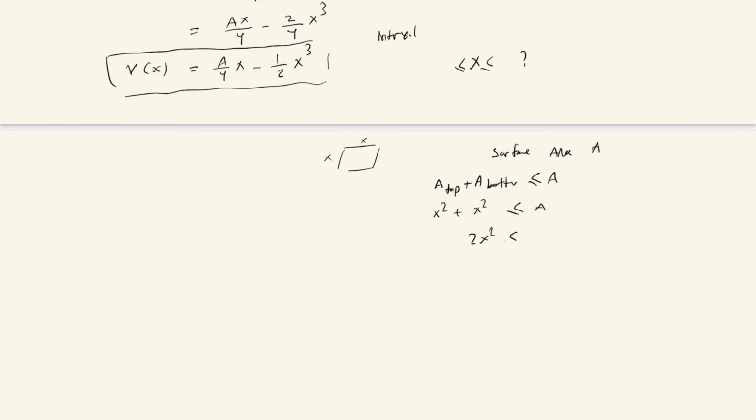So we're going to have 2x squared less than or equal to A. Again, I'm going to divide by 2, and then take the square root. Notice x is just a length, so when taking the square root, I'm just going to take the positive value. Therefore here, x is going to be between 0 and the positive square root of A over 2.